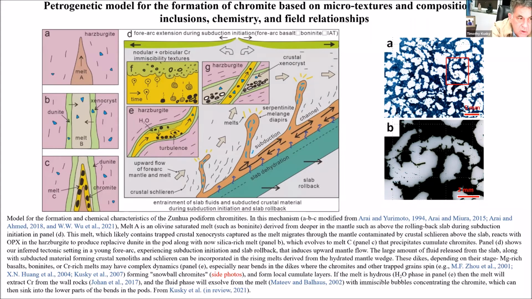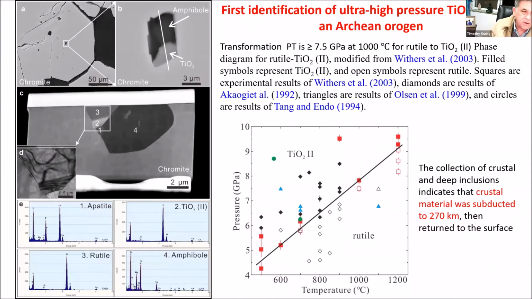So now we find one of the inclusions, a multi-phase inclusion. Number 2 is not rutile anymore, it's TiO2 II, a polymorph of rutile that converts at high pressure, greater than 7.5 gigapascals, or it can be 9 gigapascals. We have constraints from our petrographic observations that these chromites crystallize at greater than 1,000 degrees Celsius, maybe 1,200 degrees Celsius.